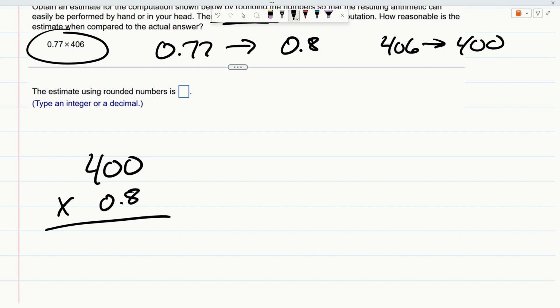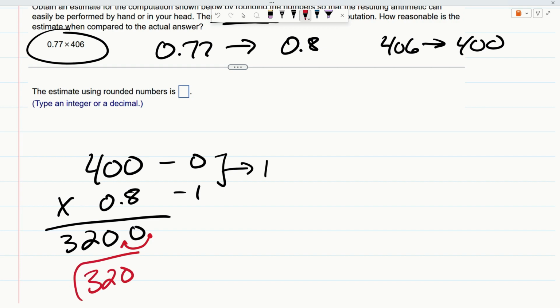So 8 times 0 is 0, 8 times 0 is 0, 8 times 4 is 32. I have 0 decimal places in the first number, 1 decimal place in the second number. So the result is going to be 1 decimal place. Starting on the far right, I move it over 1 spot to give me 320.